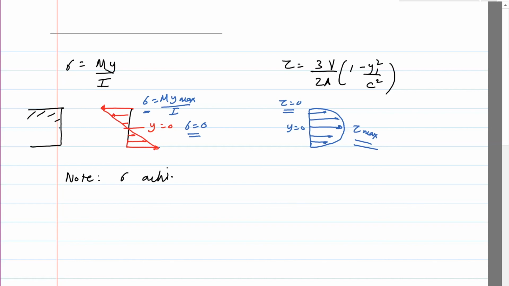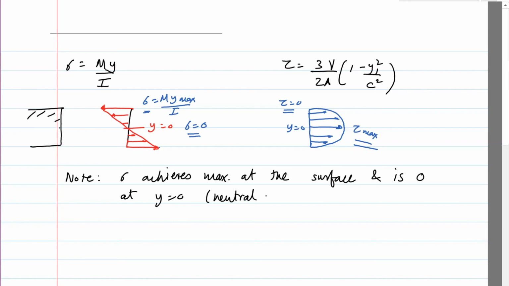Sigma achieves max at the surface and is 0 at y equals 0, which is the neutral axis.